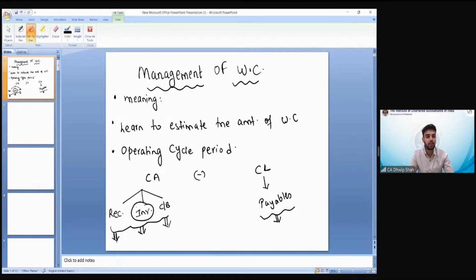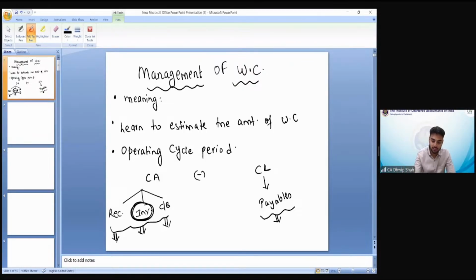EOQ, economic order quantity, minimum order level, maximum order level. So that is all about inventory management. So that is already covered in your costing syllabus. So in FM, we will not study it separately. So inventory management हम यहाँ पे separately नहीं पढ़ेंगे. It is already covered in your costing. And FM में inventory management के module में ऐसा ही लिखा है कि this is already covered in your costing.